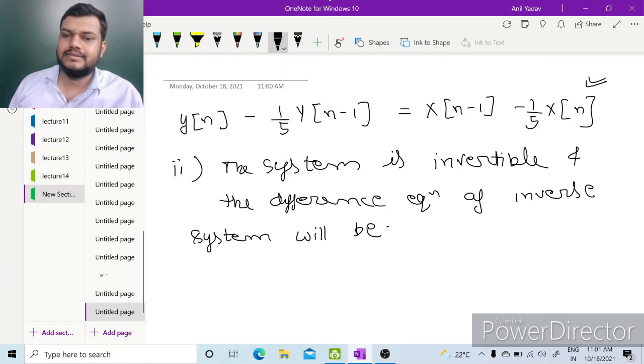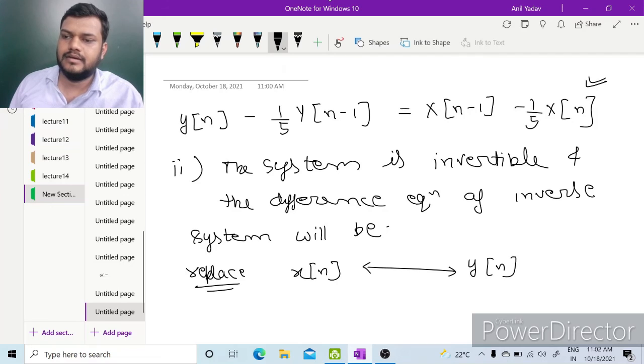To get the difference equation of the inverse system, replace x[n] with y[n] and y[n] with x[n].